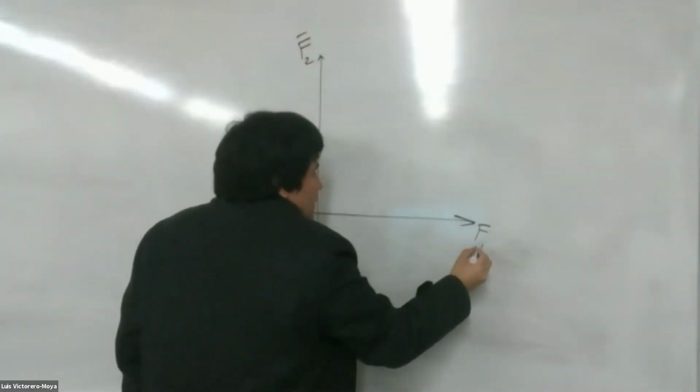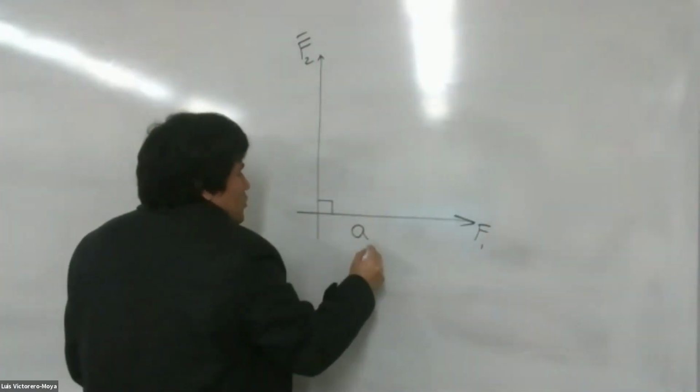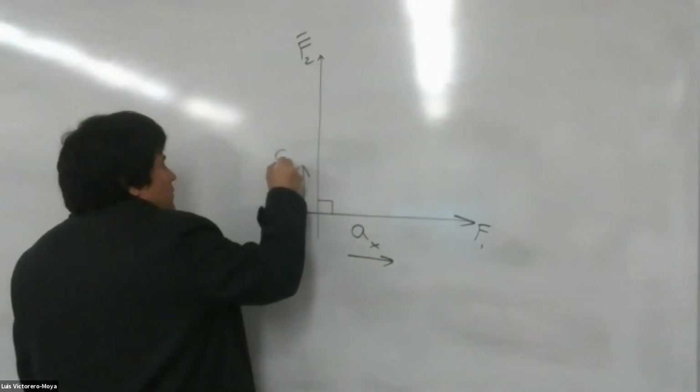In this part it is easy because they are making 90 degrees. So you have an acceleration on x, and you have an acceleration on y.